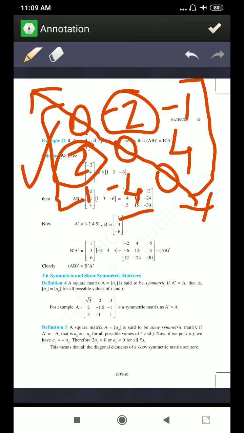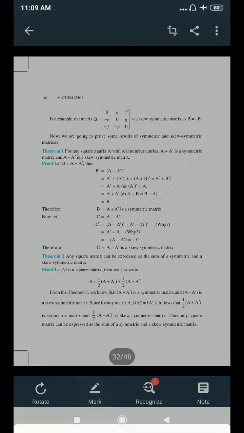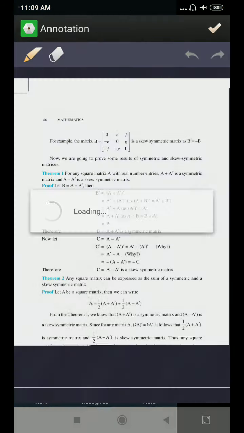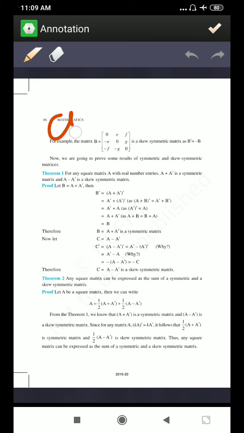These conditions will be applicable in case of skew symmetric matrix. In symmetric matrix, you are going to get the same matrix again. So for symmetric matrix, the condition is Aij is equal to Aji.